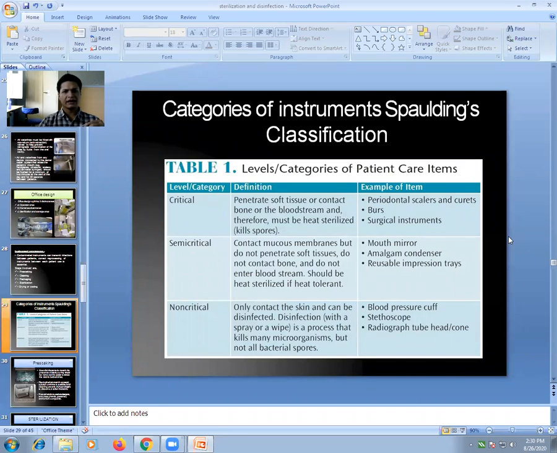In the critical category, you can write periodontal scalers and curettes, burrs, surgical instruments.